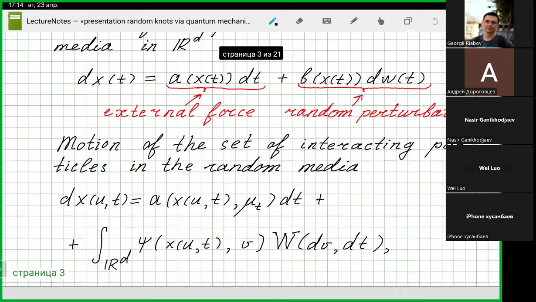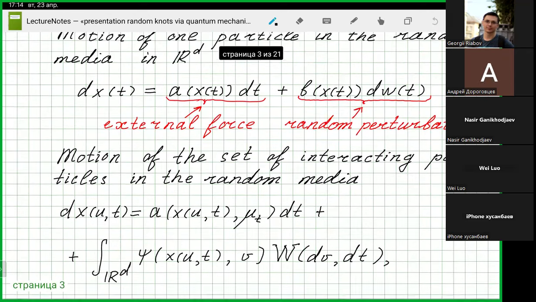So one can continue by asking about a set of interacting particles in the random media.